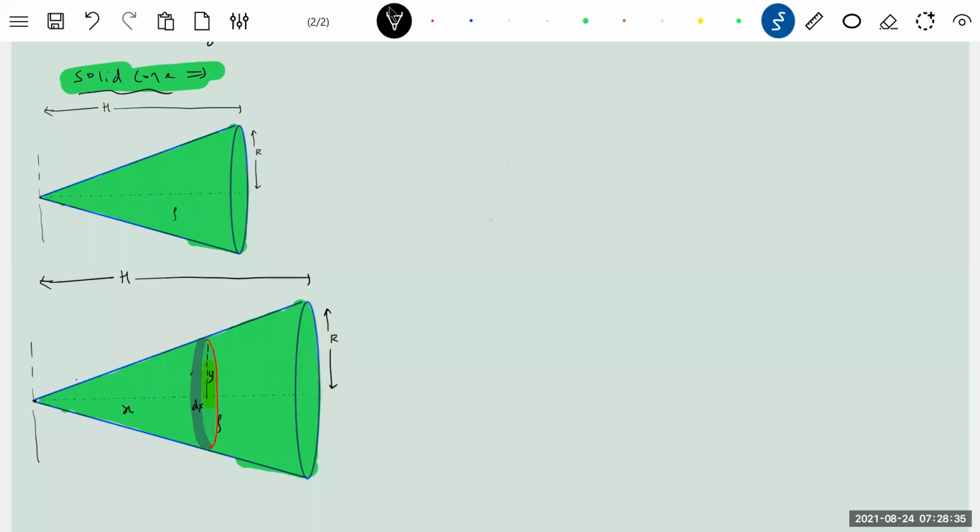Then the mass of this element be dm. This is an elemental disk. Such elemental disks of increasing radius from 0 to capital R will give the solid cone. We'll define this cone angle.